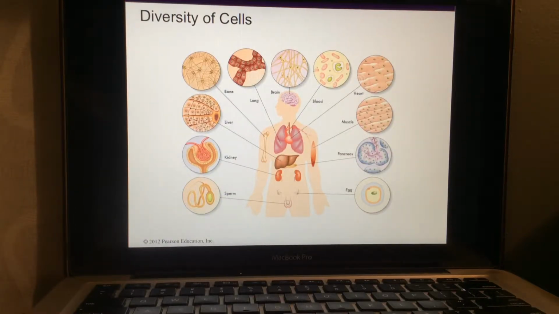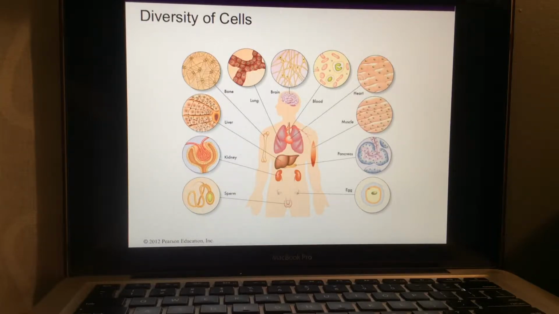But another thing that's important to remember is that cells are not just perfect little circles. They're different shapes and sizes. Even some neurons, or nerve cells, can be seen without the microscope. They're very long, and they have different sizes. Just remember that they're not perfect little circles.